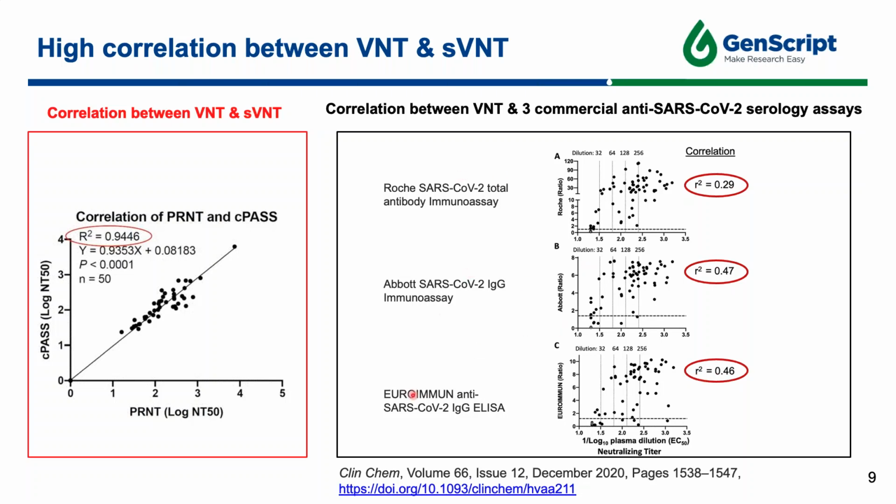On the other hand, for other commercial anti-SARS-CoV-2 serology assays that are designed to detect binding antibody, their correlation with the gold standard live virus test is very poor, with R-squared value less than 0.5.